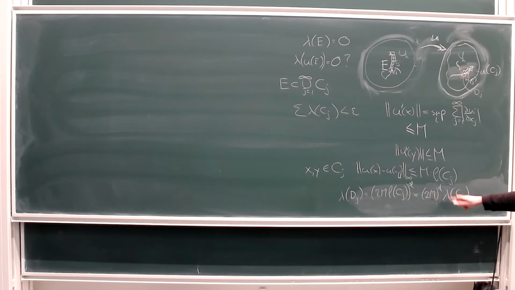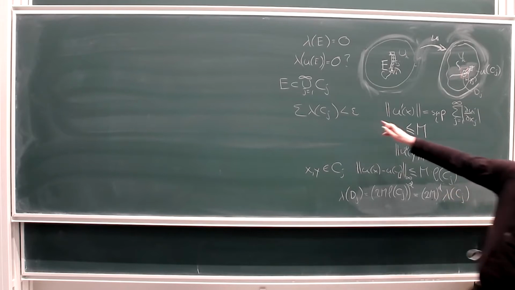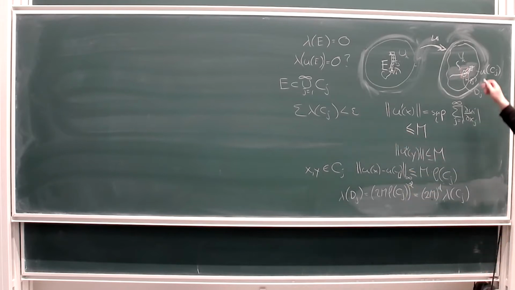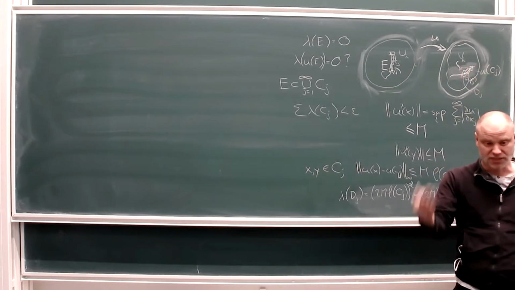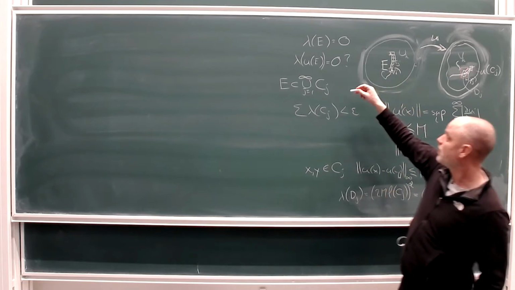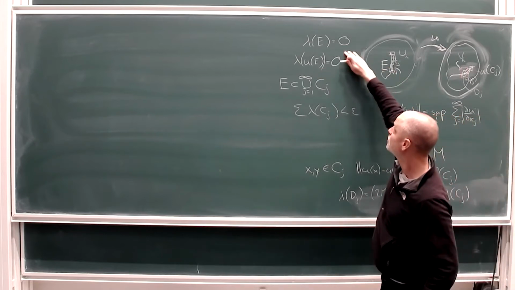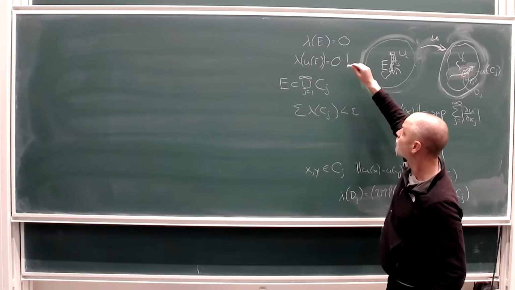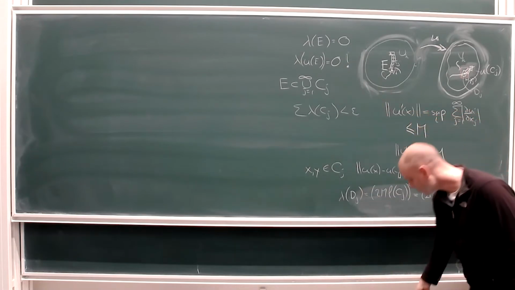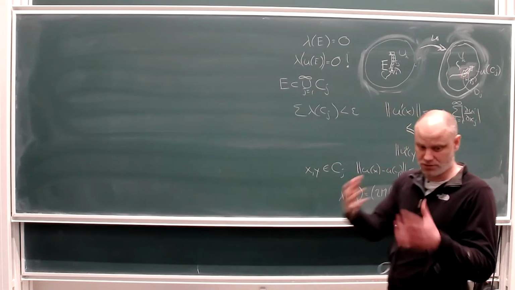And here we know that when we sum all of these guys up, we get less than epsilon. So then the corresponding sum over our D_J's will be less than this constant times epsilon. Since epsilon is arbitrary, we conclude that this formula holds. Yeah? So these are the prerequisites.